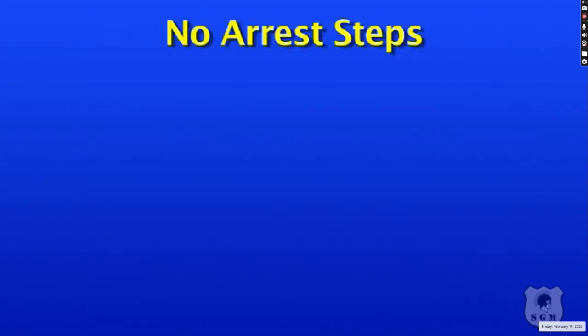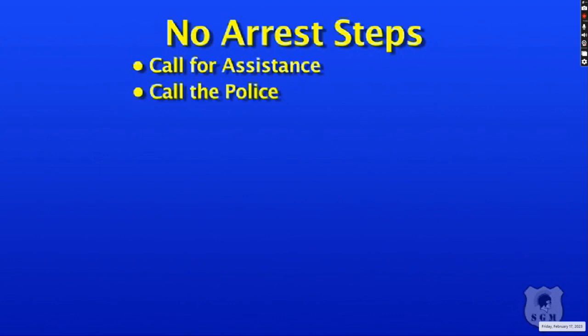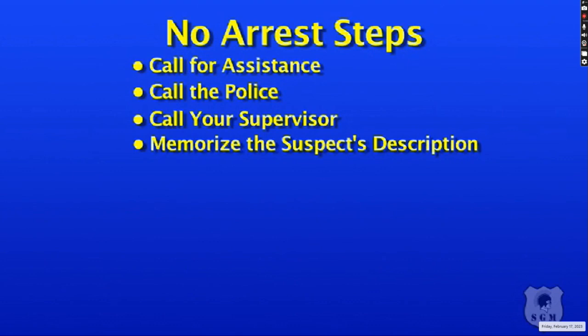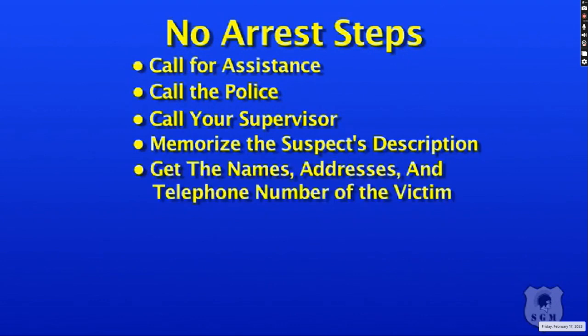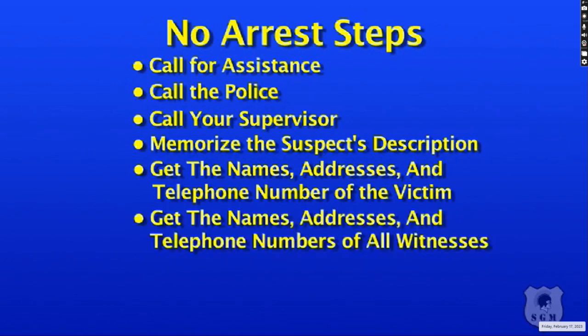Here are some steps that you should take when you don't make an arrest. First and most important, call for assistance. Call the police. Call your supervisor. Memorize the suspect's description. Get the names, addresses, and telephone numbers of the victim, if there is one. Get the names, addresses, and telephone numbers of all witnesses.